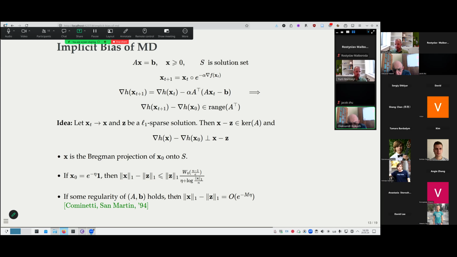So here it's not exactly the correct formula because x, of course, depends on eta, right? With different initialization, you converge to a different solution. So the larger eta, the sparser your solution is. So basically, you have an exponential kind of rate here, right? The larger eta is, the closer you get to the sparse solution. So that's basically why mirror descent has this implicit bias.